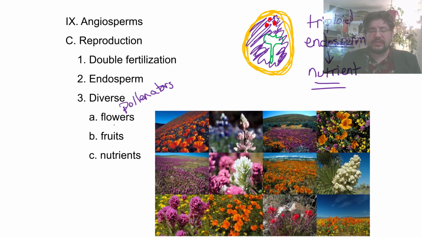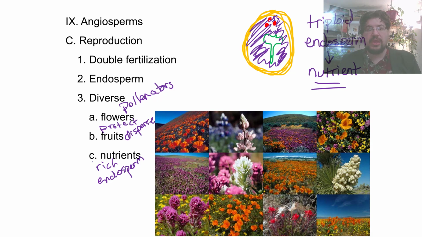You have fruits to protect the growing embryo, the growing seeds, and those fruits often aid in dispersal. And finally, you have that rich endosperm providing those nutrients.